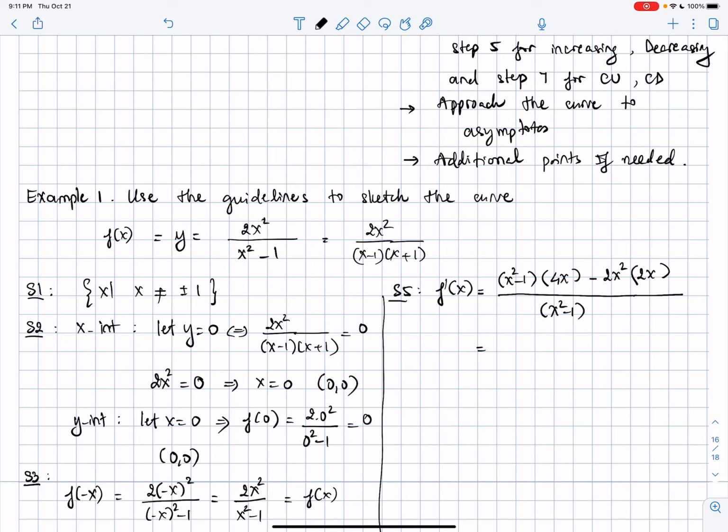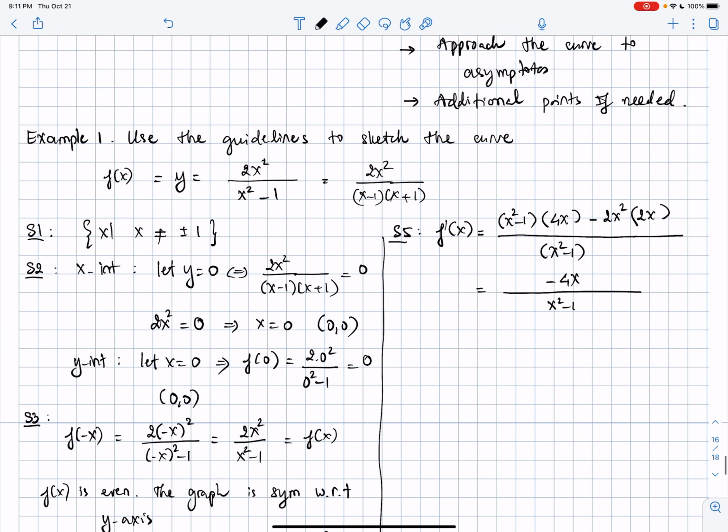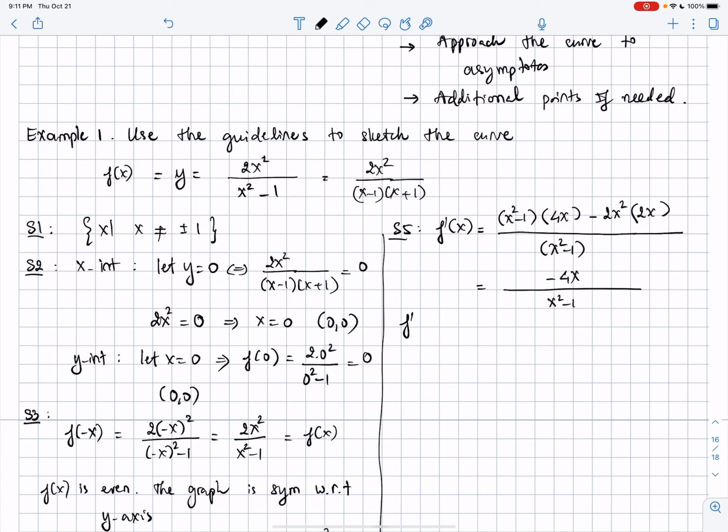We use the quotient rule, right? Okay, so you're going to simplify this by yourself, distribute, open parentheses and so on, and then you will get negative 4x. Okay, so f prime of x equal to 0 when you have negative 4x equal to 0. That means x equal to 0.